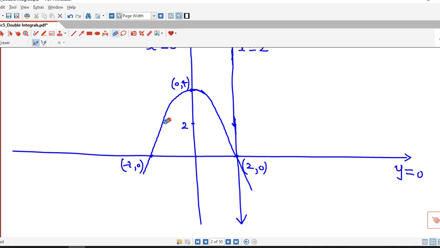It should look like a parabola, so be careful that it does not look like a straight line. This is just a rough sketch, but we should take care that it looks like a parabola. So this is the parabola y equal to 4 minus x square.